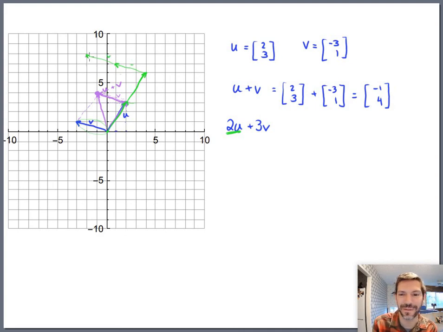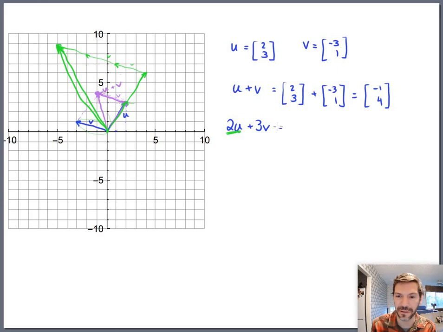And the third v that we're adding on would go back 3 and up 1, so take you to right there. So the ultimate result of starting at the origin, traveling 2 u's and then also 3 v's, takes us from the origin to about right there. Let's pretend that's a straight line. There's a little bit better straight line. Anyway, that's what it looks like graphically.